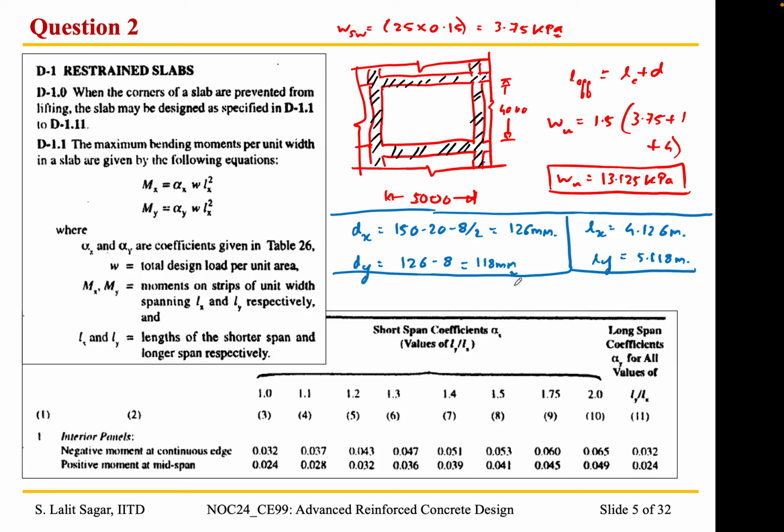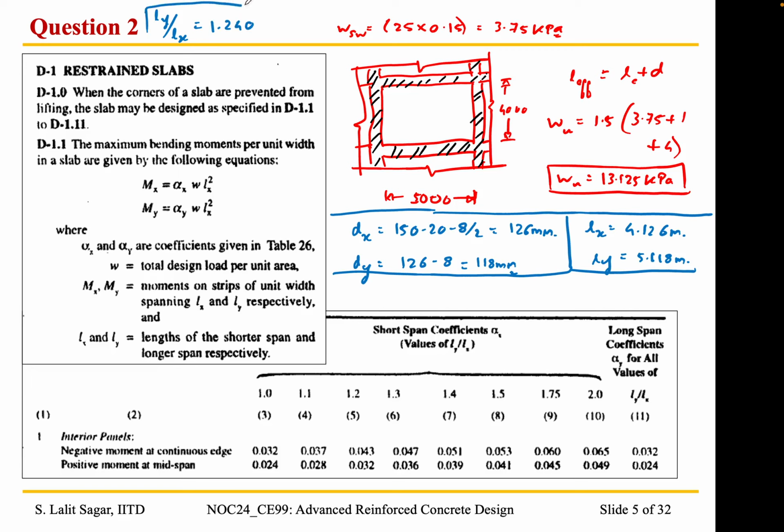Okay, so now we need to find out the ratio of the longer span to the shorter span, right? So we have Ly by Lx, because of the shortage of space I'll write here, and that simplifies into 1.240.